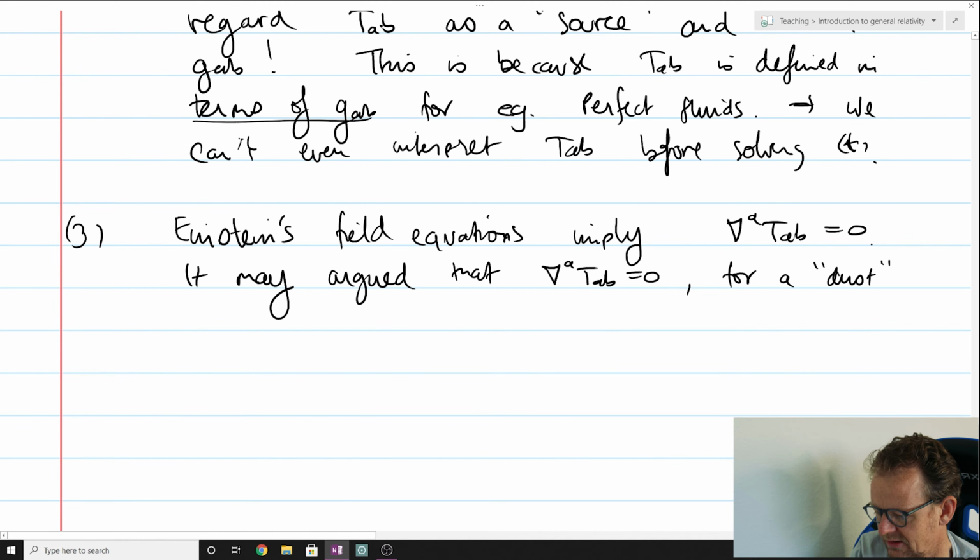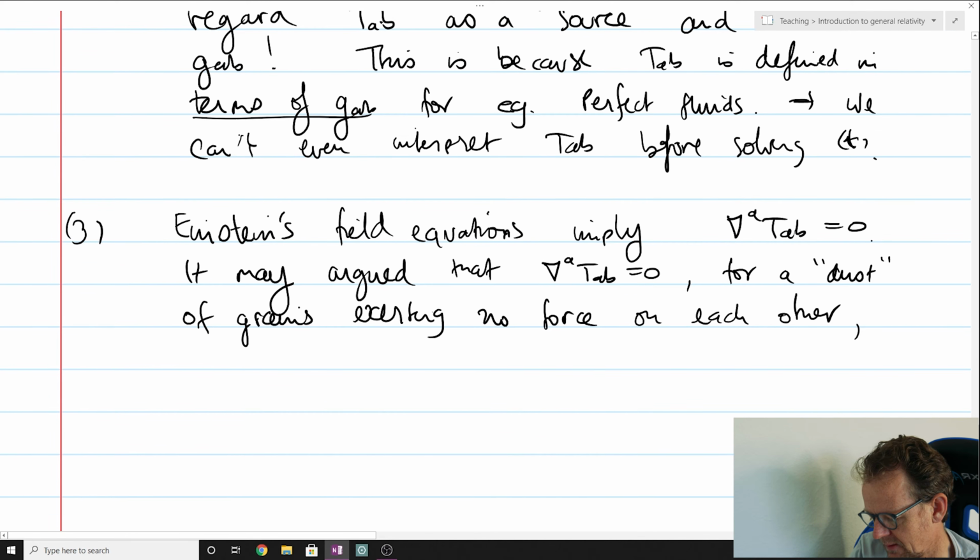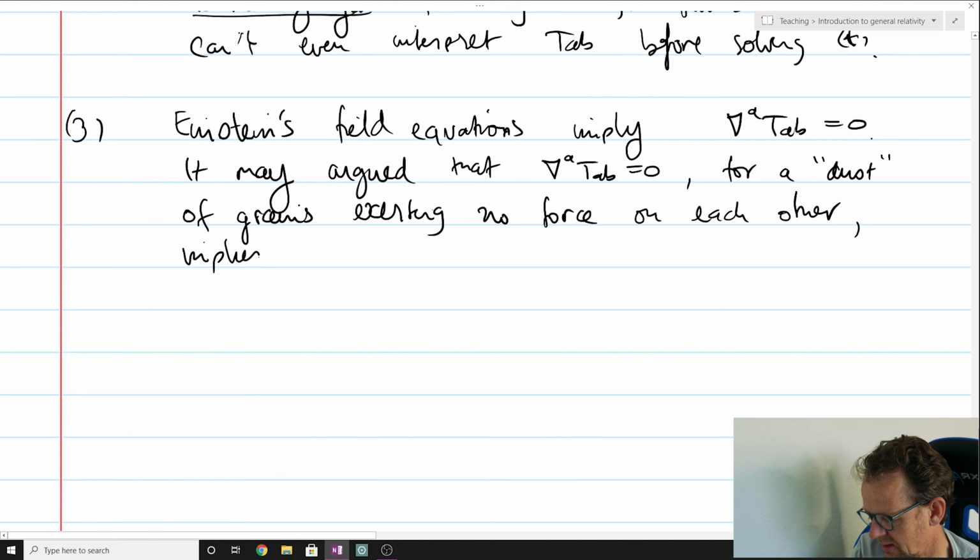It implies, and this is the magic, that for a dust of grains, and by that you should think of test bodies, a dust of grains exerting no force on each other, in the limit where you've got these little test masses, like a dust in space-time, this equation implies that the grains of sand or dust or whatever move on geodesics.